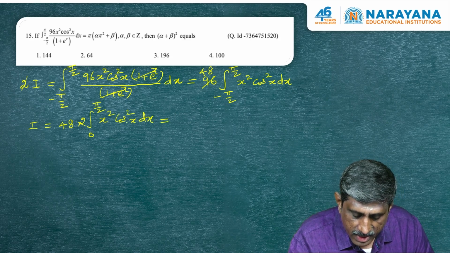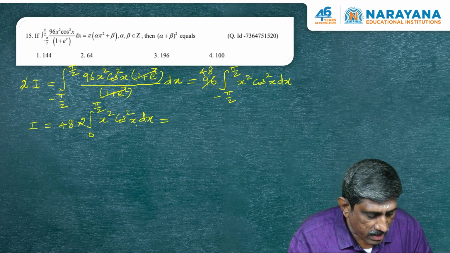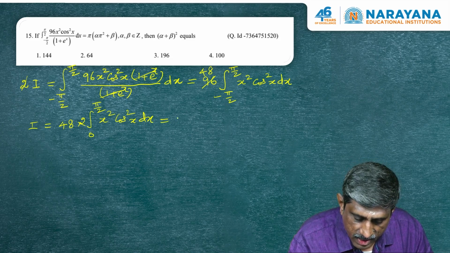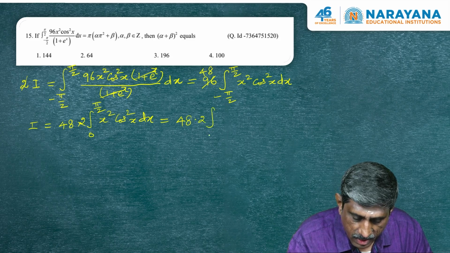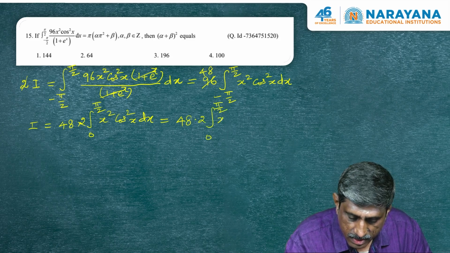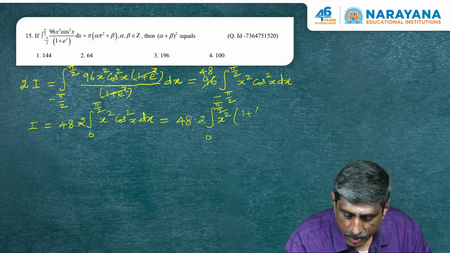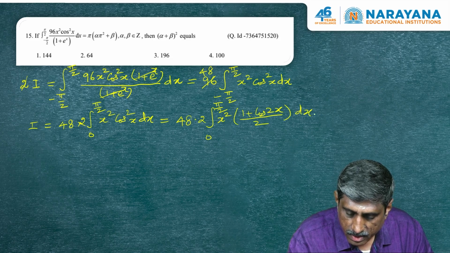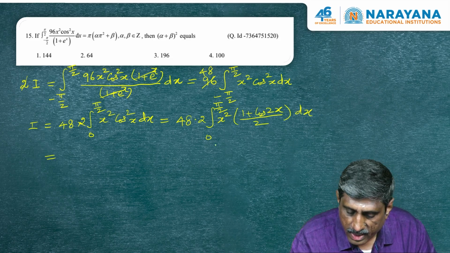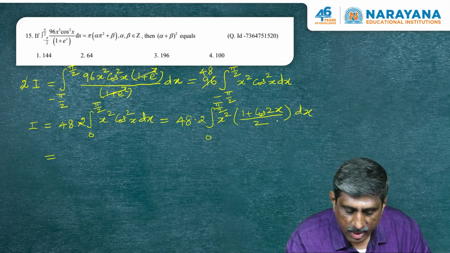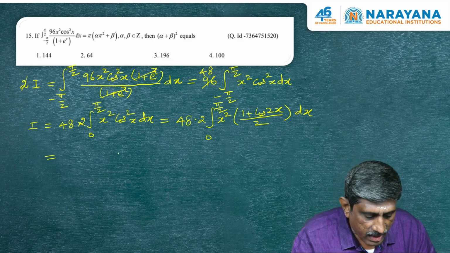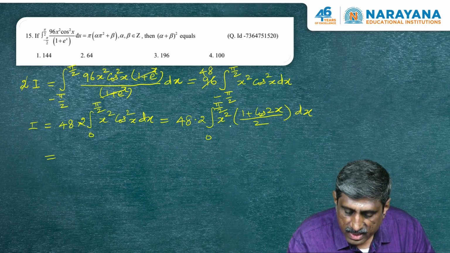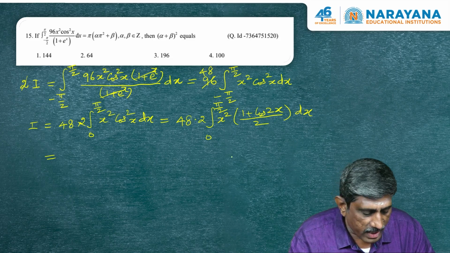When we simplify this, we can write this cos square x as 1 plus cos 2x divided by 2. So, this is 48 times into 2 into the integral from 0 to pi by 2 of x square into 1 plus cos 2x divided by 2 dx, and when we apply integration by parts, it is the integral from 0 to pi by 2 of x square into 1 dx as one part, and the integral from 0 to pi by 2 of x square into cos 2x divided by 2 dx as another part.